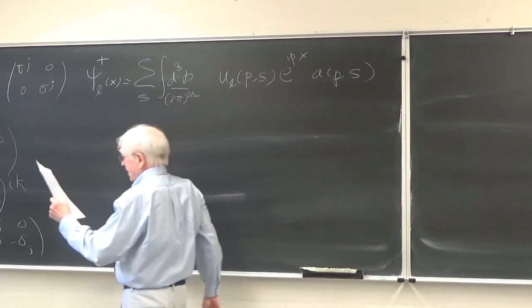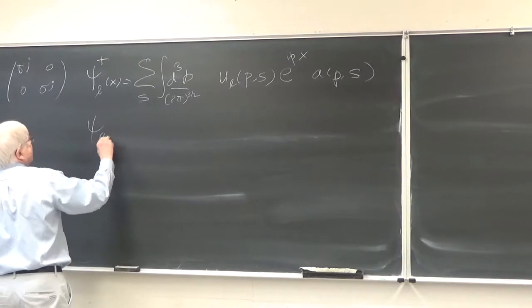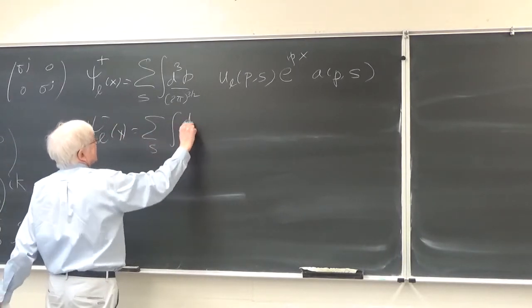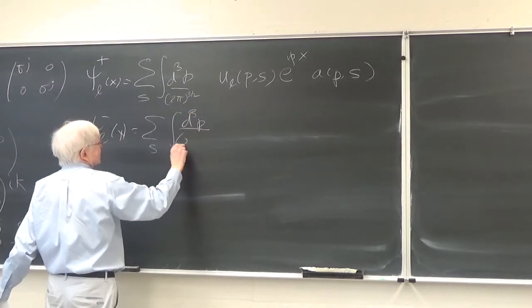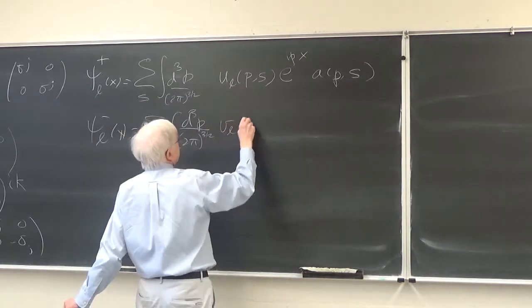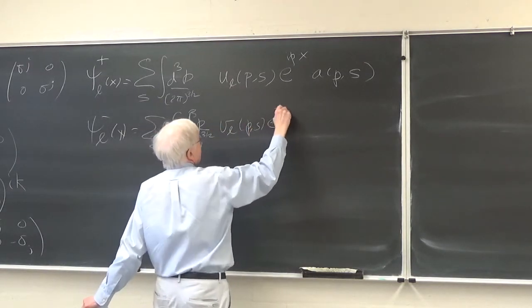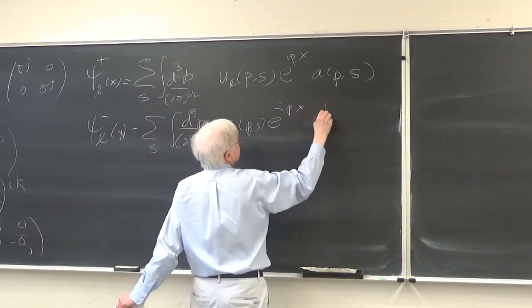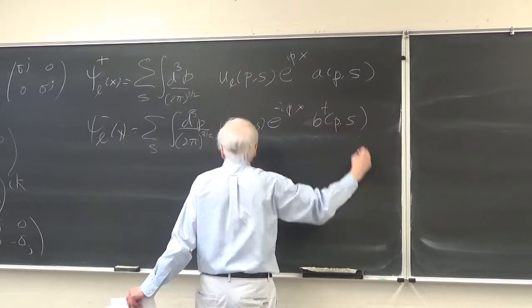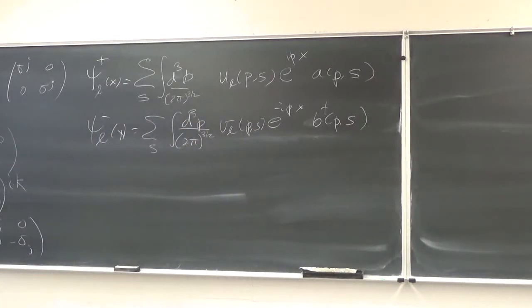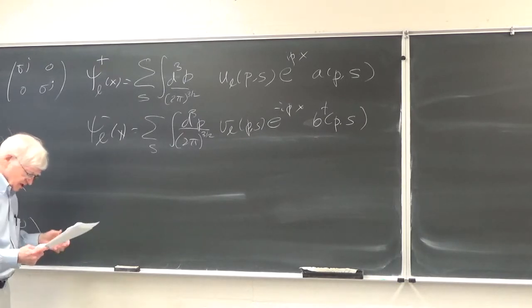And psi_L minus of x is a sum on S, integral d³p over (2π)^(3/2), v_L of p and S, e^(-ip·x). And I call this b dagger of p and S. Weinberg uses a super c dagger, but this is a simpler and more common notation.